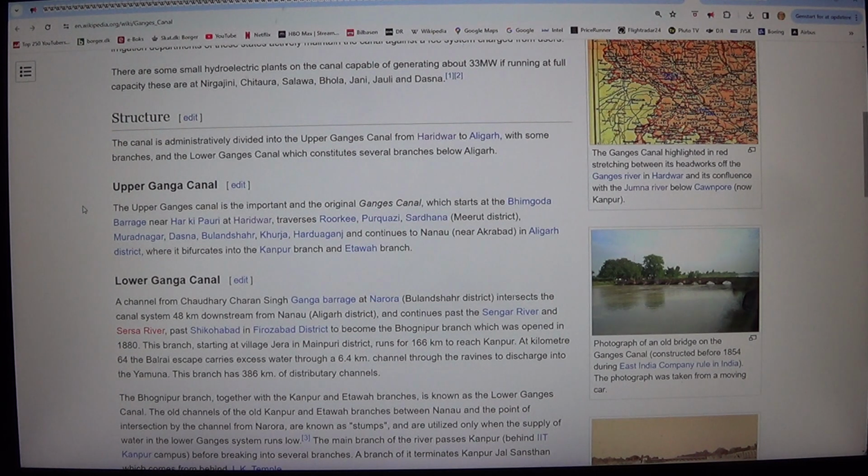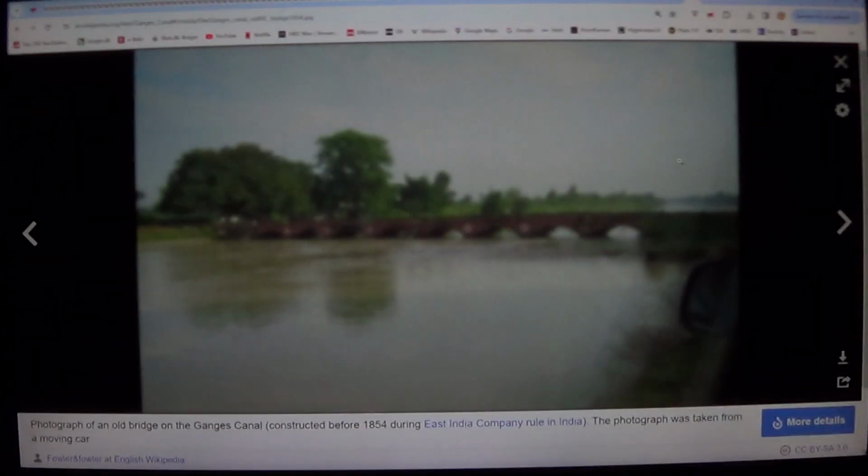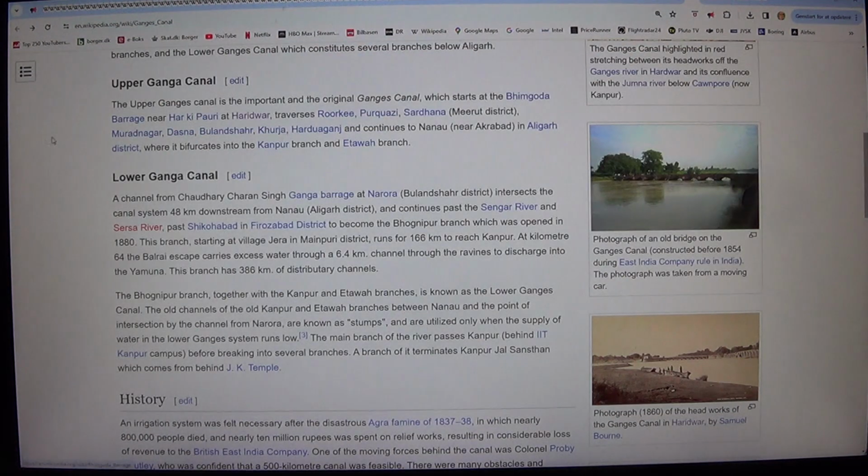The Upper Ganges Canal is the important and the original Ganges Canal, which starts at the Pimgoda barrage near Hakipuri at Haridwar, traverses Roorkee, Pukazi, Sardana, Meerut district, Muradnagar, Dasna, Bulandshahr, Purja, Hajurganj and continues to Nanor, near Akrabad, in Aligarh district, where it bifurcates into the Kanpur branch and Itawa branch.